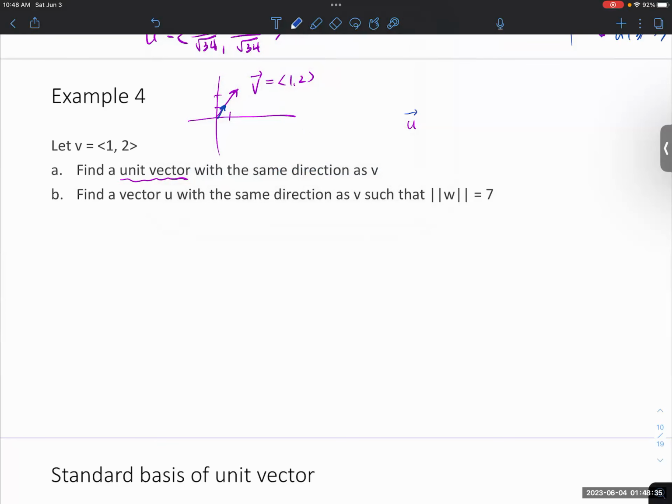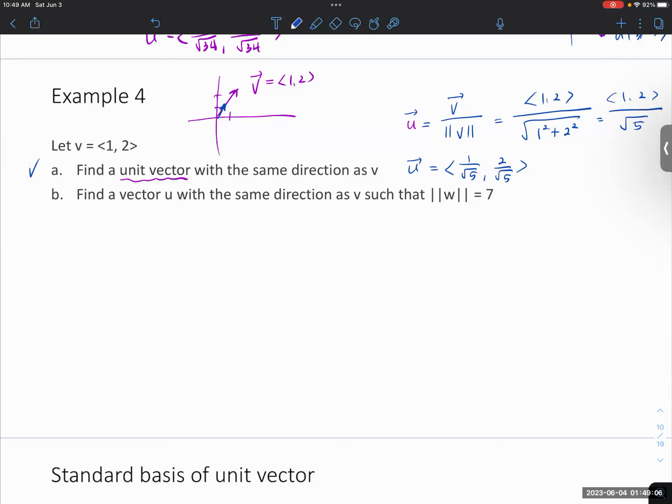So for the unit vector, you're going to have the V vector divided by its magnitude. So (1, 2) divided by the square root of 1 squared plus 2 squared, which is going to be 5. Therefore, the unit vector we found is 1 over radical 5, 2 over radical 5. So this is a unit vector right there, and the length is going to be 1. So we got letter A.